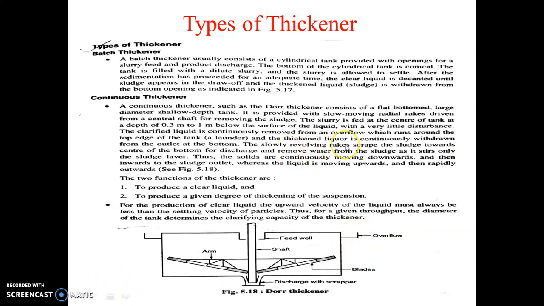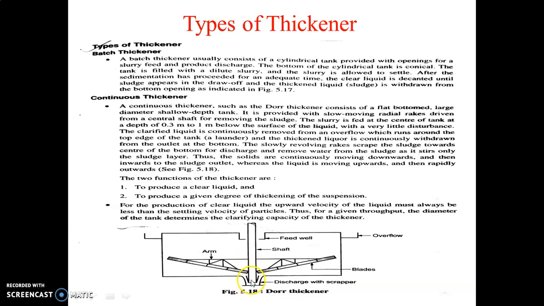And the thickened liquid or liquor is continuously withdrawn from the bottom. So this solid which is deposited at the bottom of this tank is taken out from the outlet provided, and the slowly revolving rake scrapes the sludge towards the center of the bottom. So this blade scrapes that solid material into the bottom.